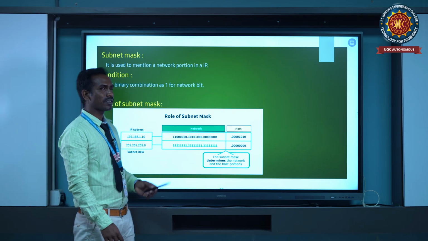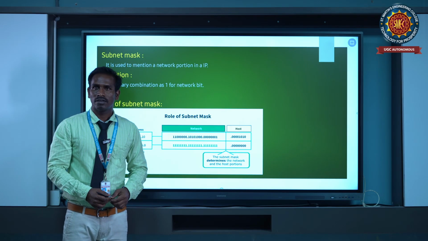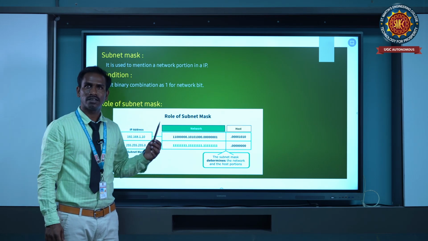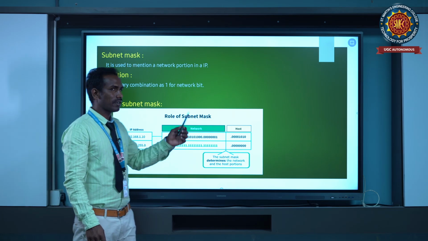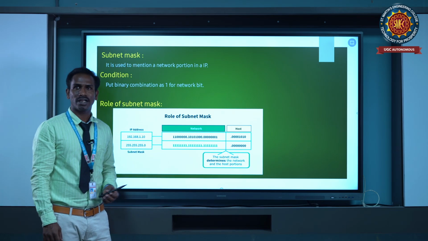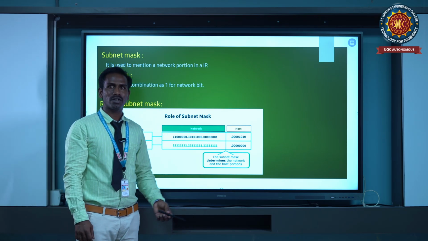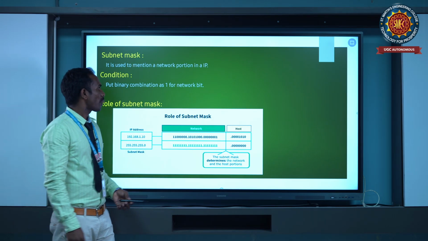Why are we using the subnet mask? We know what the network portion is and what the host portion is, but the system does not understand which one is the network portion and which one is the host portion. So that's why we have to mention the subnet mask.